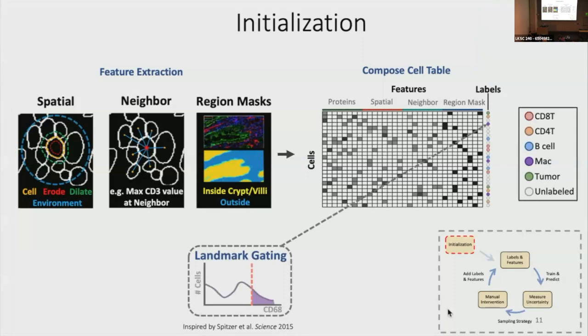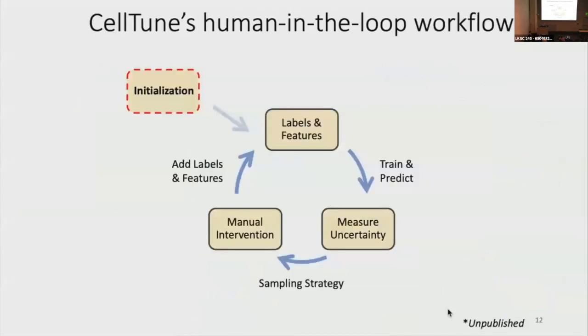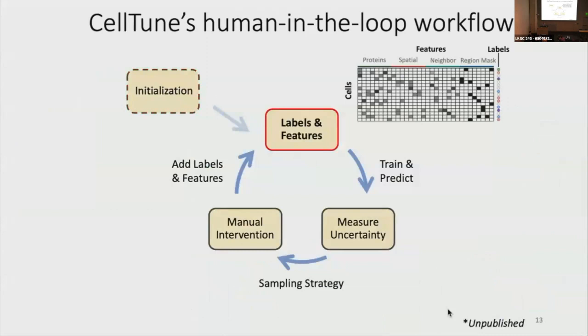You could think of like in the case of Nimbus where you just say, okay, everything above 95% probability for this marker and not high on the other markers would be the landmarks. And here's just an example of a macrophage which has super high CD68 and doesn't really have much of anything else on it. So we get those as our initial step in that, and that doesn't take us very long to do automatically. And then we have our labels and features.